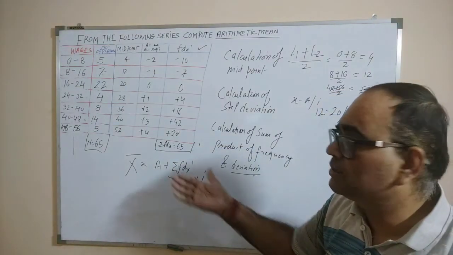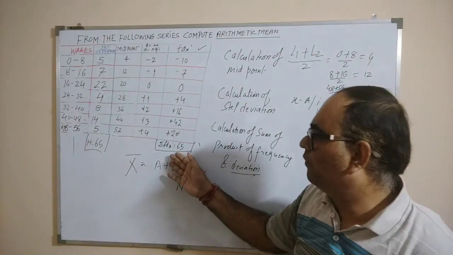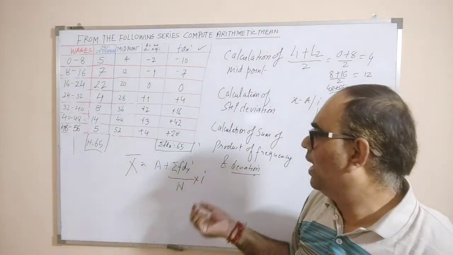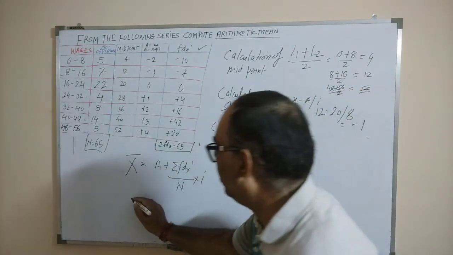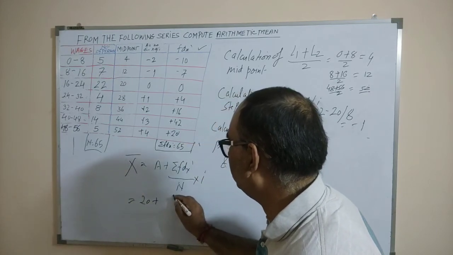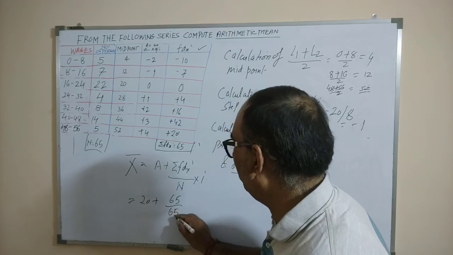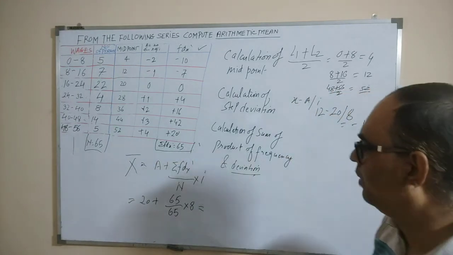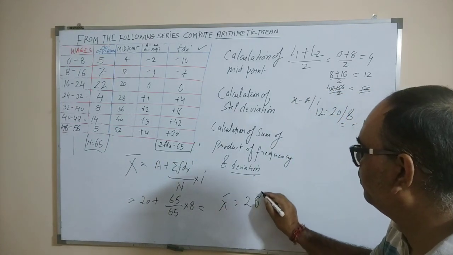Sigma f dx dash is the sum of the product of frequency and step deviation, which is 65, n is the sum of the frequencies, which is 65, and i is the common factor, which is 8. So by placing all the values, 20 plus 65 divided by 65 into 8, we get the arithmetic mean. x bar is 28.